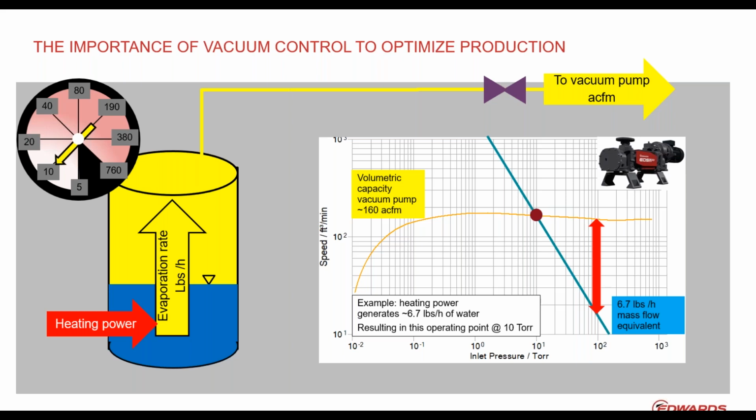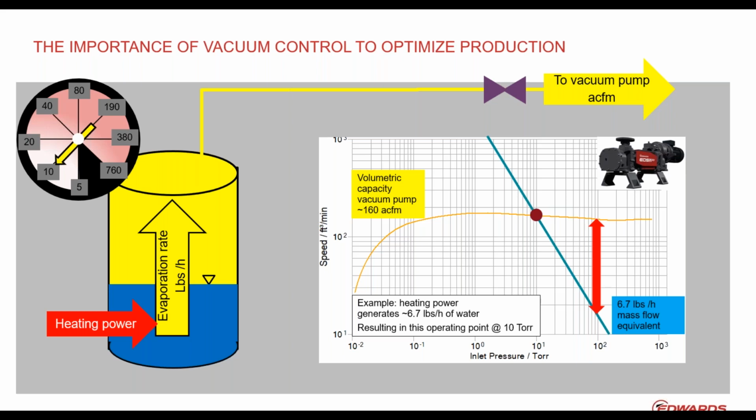A vacuum pump is a volumetric machine. It has basically a constant volumetric capacity over a wide range of pressure. Interestingly enough, your mass flow, and keep in mind that's your evaporation rate, your mass flow coming off, is driven by your heating power. The equivalent volume pressure relation of a mass flow in this kind of diagram is a straight line, shown here in blue.